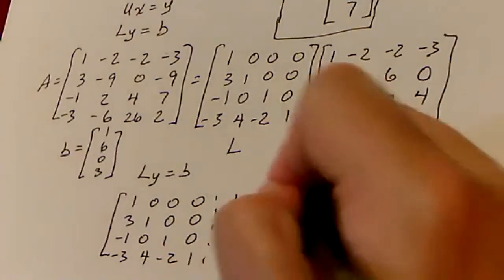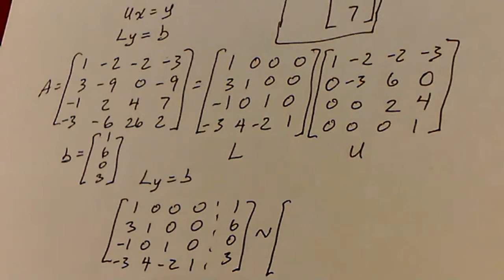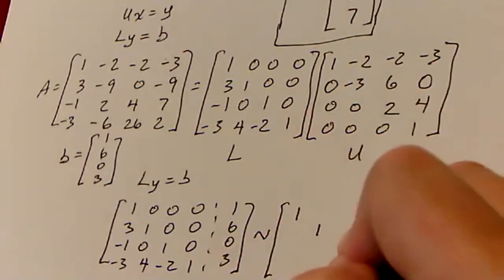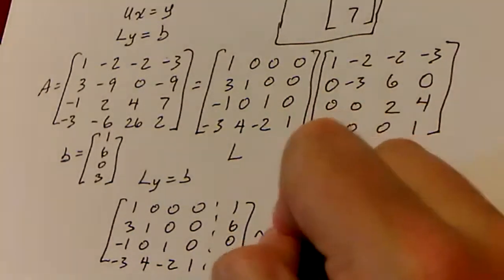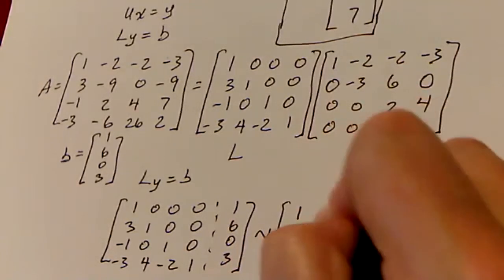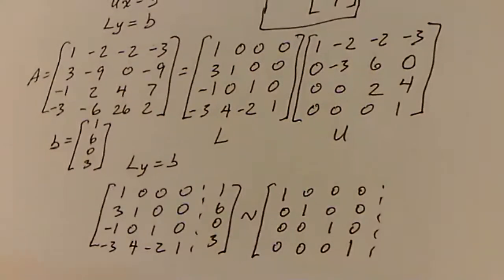We're going to row reduce that. Remember that in the conditions, L was invertible. I know L is invertible because it's lower triangular. So I know that my resulting row reduction is going to give me the identity with an appropriate augment, depending on what my row operations are.